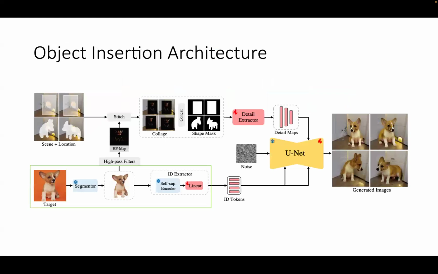So what are we trying to do? If I go to this whole architecture, at the end this entire part is a diffusion model. It's a pre-trained text-to-image diffusion model, where we give a prompt and it generates an image. That's what happens in a diffusion model. We provide a prompt and it generates an image.